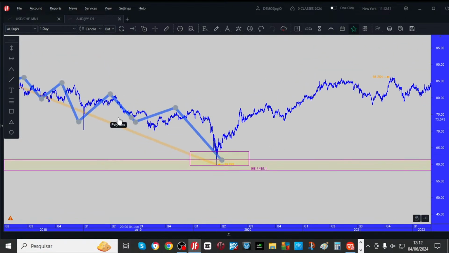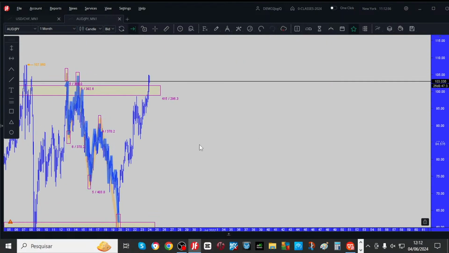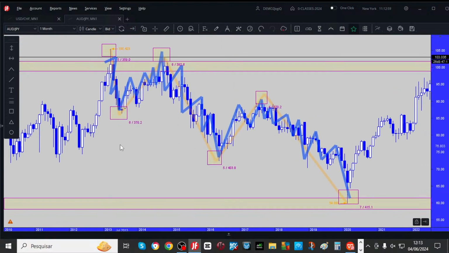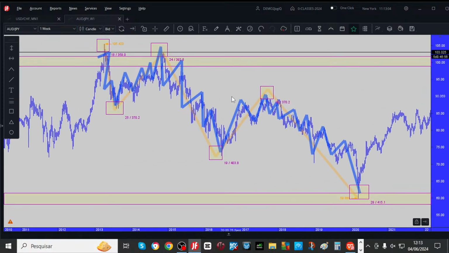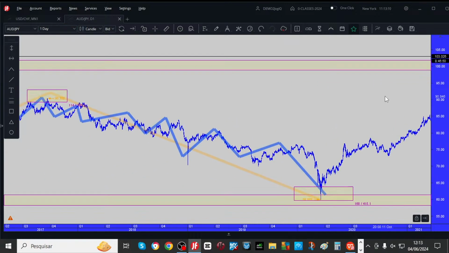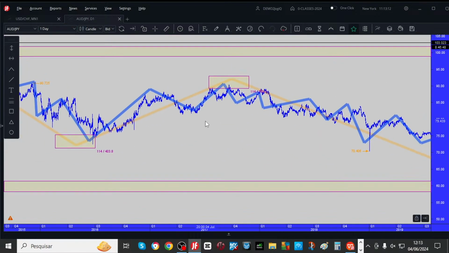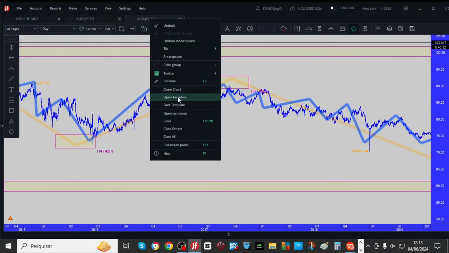So you cannot do the analysis on the monthly, then go on the weekly and do the analysis on the weekly, and then go on the daily. Every single time frame has its own market wave and short-term trends. And that's why I asked you to have the 4 charts.